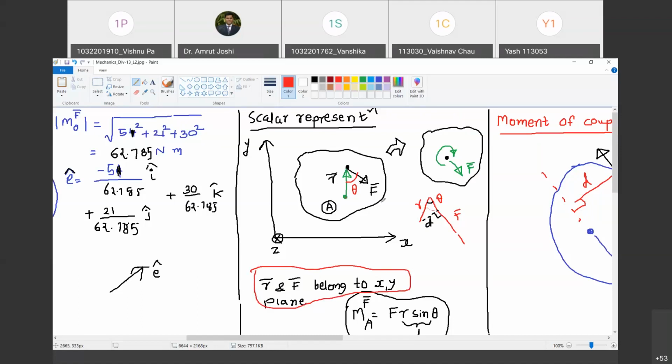If R bar and F bar are going to lie in XY plane, this moment is going to be about Z axis. Do you agree? Perpendicular. Therefore, when I find out moment of F bar about A, it is going to be moment of F bar about A, but it is also going to be moment of F bar about Z axis passing through A. Just give a thought on this for 30 seconds, what I am trying to say. Yes, sir. I understood.